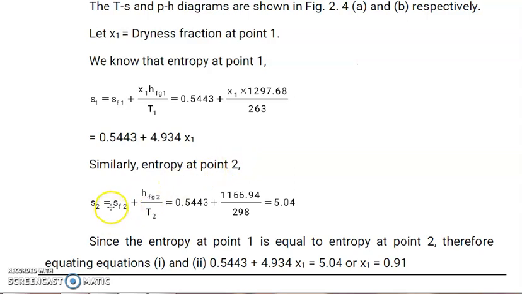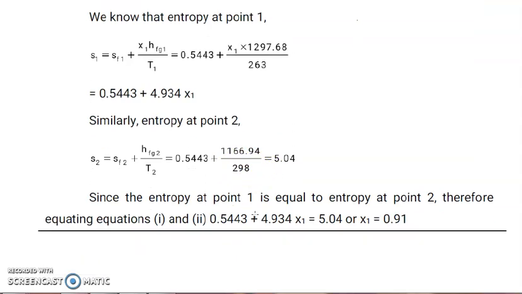Then similarly we will calculate the entropy at state point 2. State 2 lies on the saturated vapor line, so the dryness fraction is 1. So we can write S2 is equal to SF2 plus HFG2 by T2. SF2 is given 0.5443 plus HFG2 is given 1166.94 and T2 is given 298.